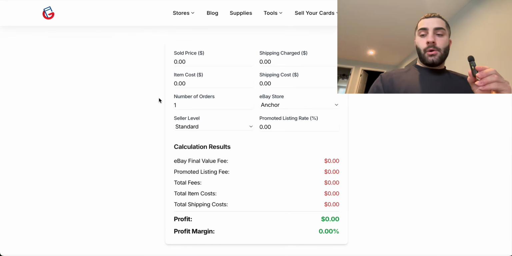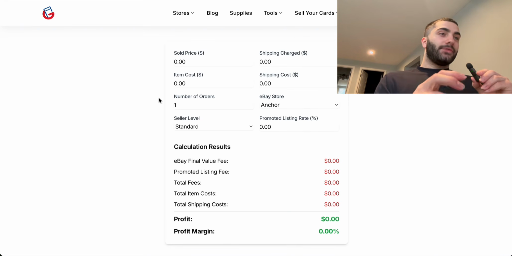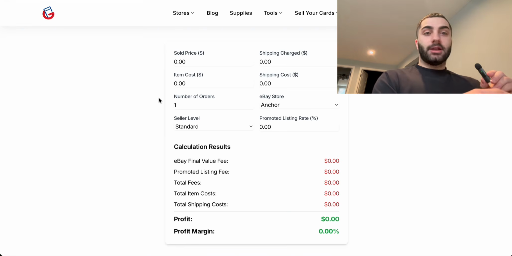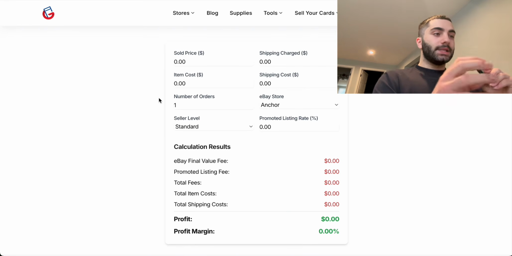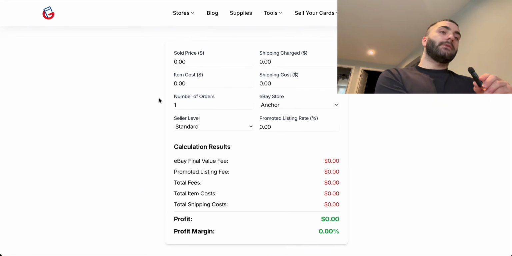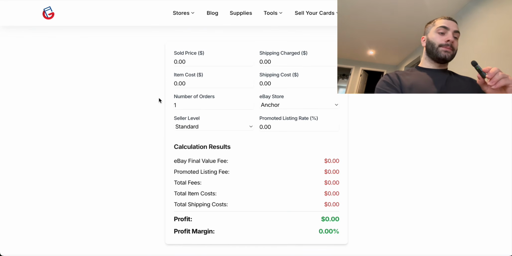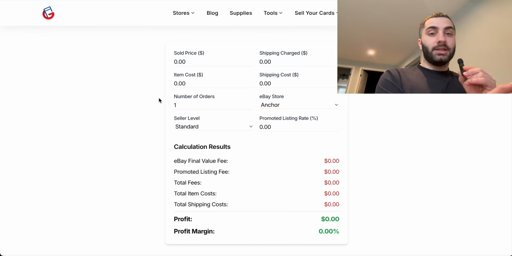And then there is a kind of interesting thing with the eBay standard envelope. Let's say a card is $15, you could of course list it for 50% above that, let's just say $21. You're not going to want to do that because you would have to pay for a ground advantage label, which is like $4 to $5.